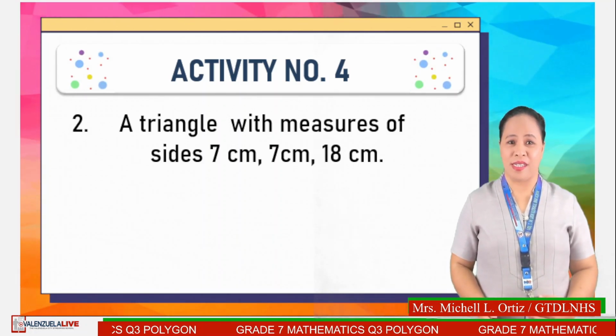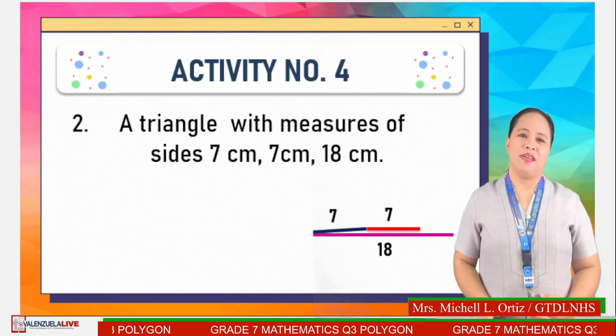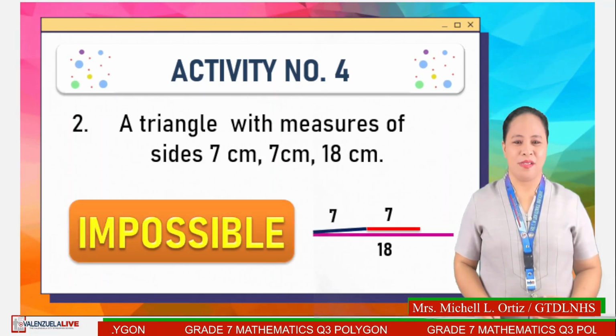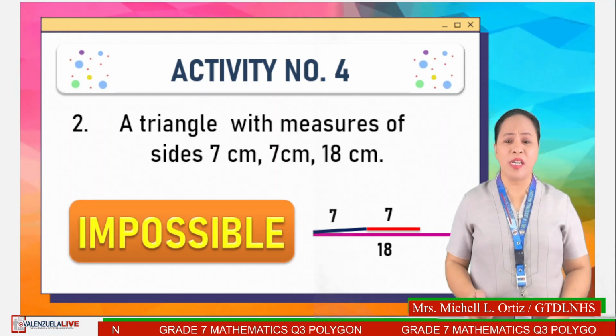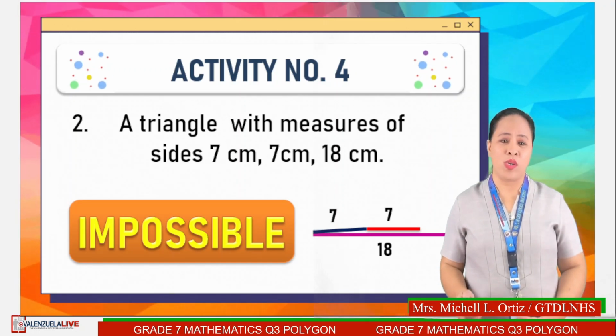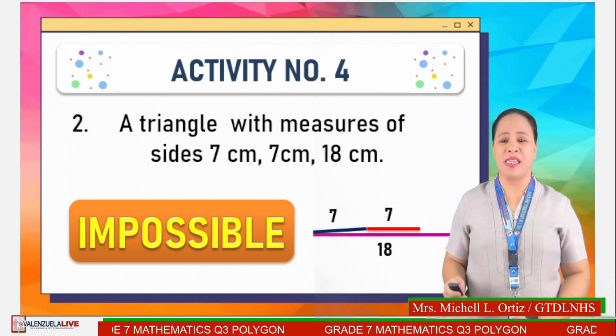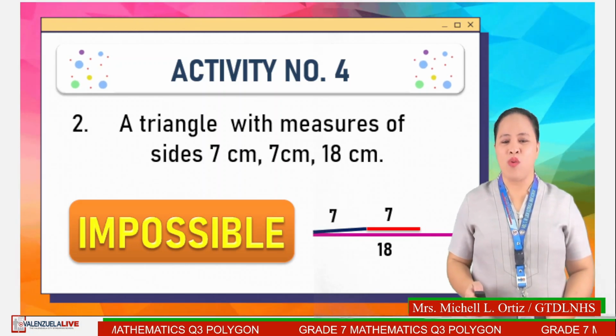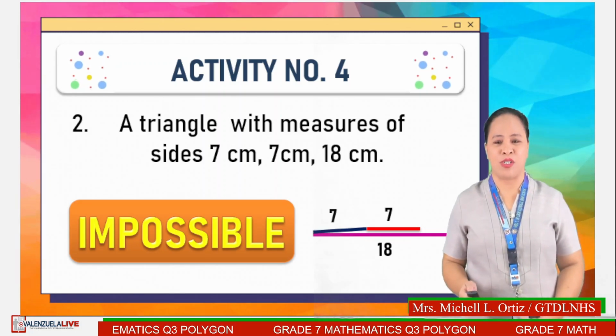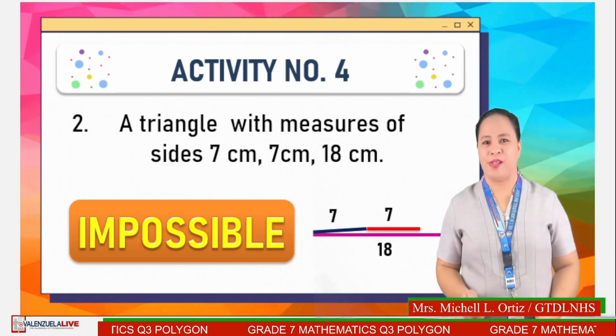Correct answer is impossible. Why? Because even if we connect segments which measure 7 centimeters end to end, it will not meet the other end of the segment which measures 18 centimeters to form a triangle.